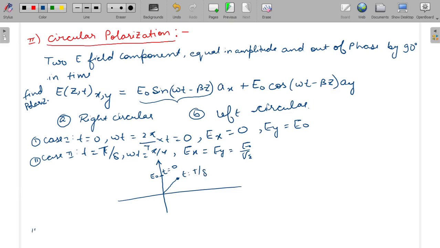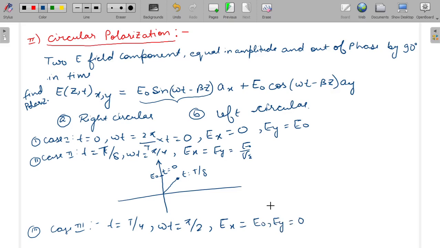Now the third case, t equal to T by 4. Omega t is equal to 2 pi by T into T by 4, that is pi by 2, and our Ex is equal to E naught and Ey is equal to 0.